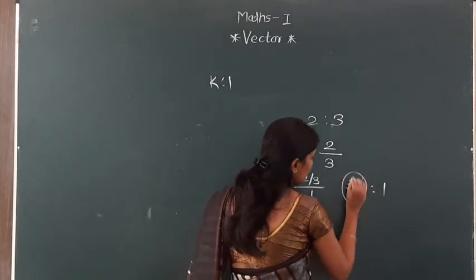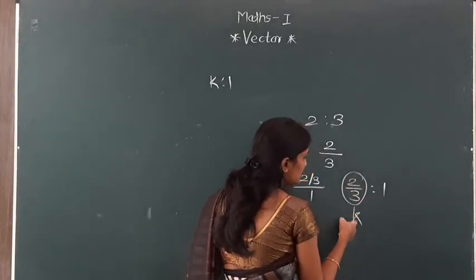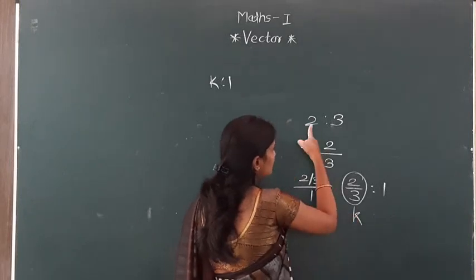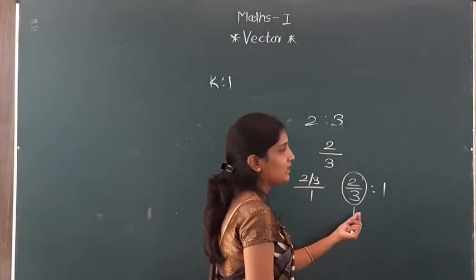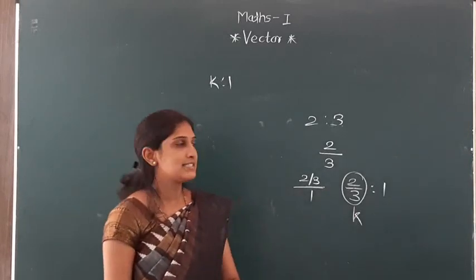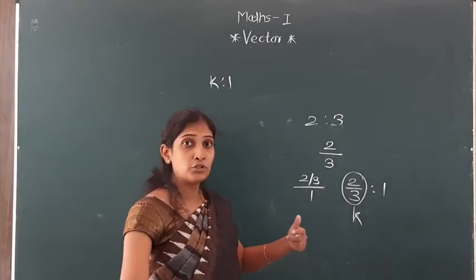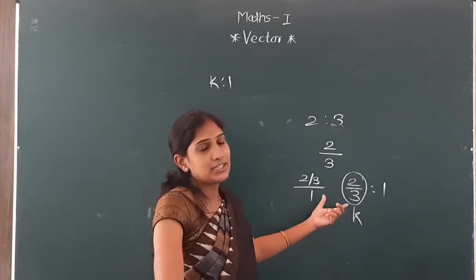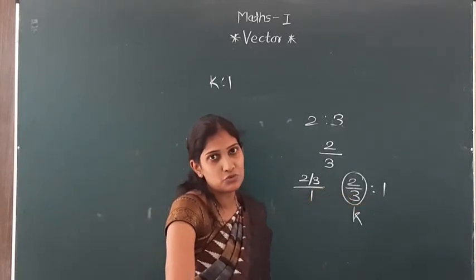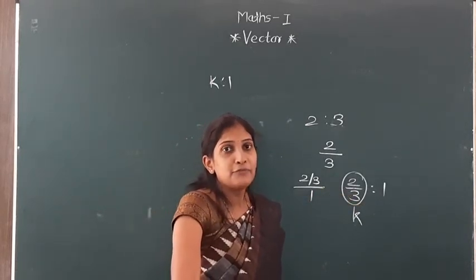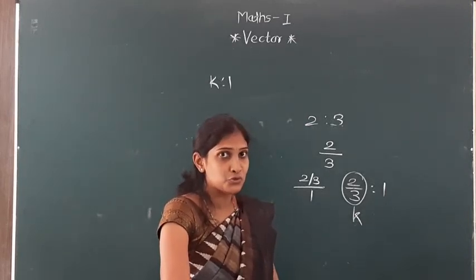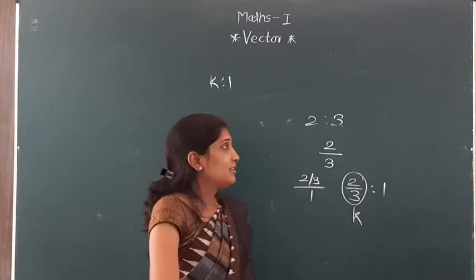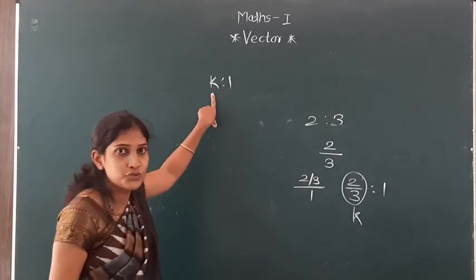That means if we put the value of k as 2 by 3, it becomes 2 is to 3. If we find the value of k is 1 by 5, then its ratio is 1 is to 5. If we find the value of k is equal to 5, then that ratio is 5 is to 1. This is the first note.